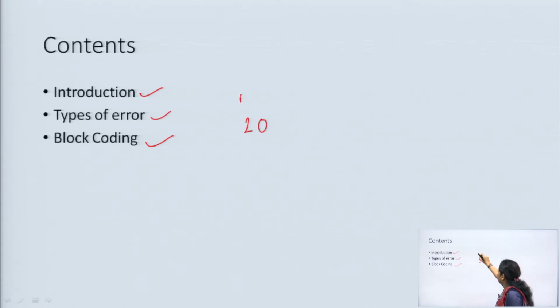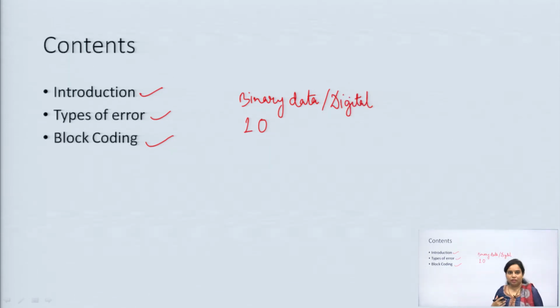This is known as binary data, or you can say it is in digital form, because the information that you want to transmit is in analog form, and to make it more immune to noise you have to use ADC, that is analog to digital converter. Before the transmission, before the channel, the ADC is used to transmit the information in the form of binary data 1 and 0.